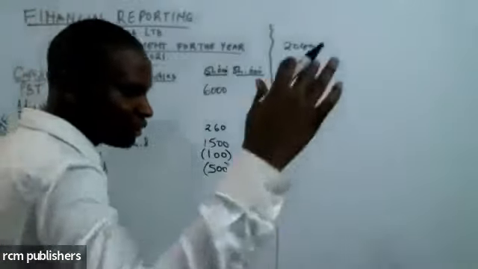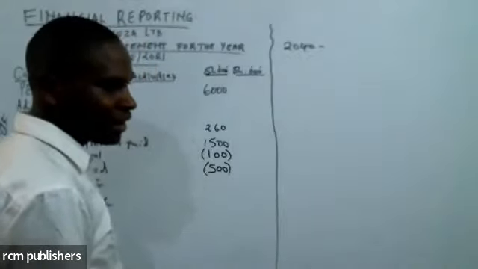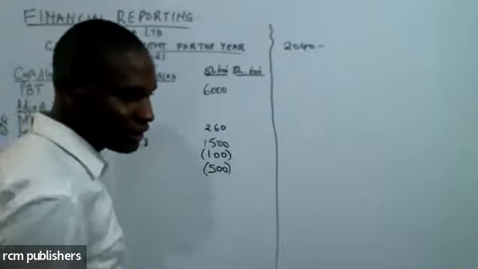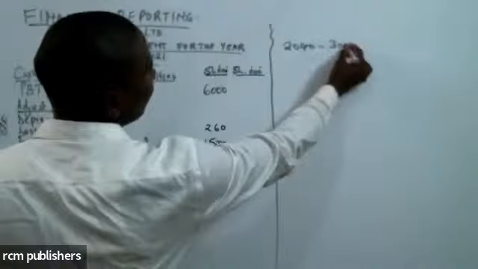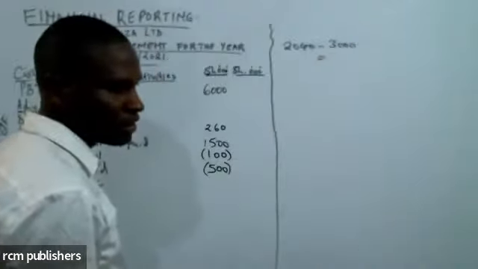Make sure that you are reading 2020 and then 2021. It is 3,000. Now, can you tell me what we shall get when you less that?